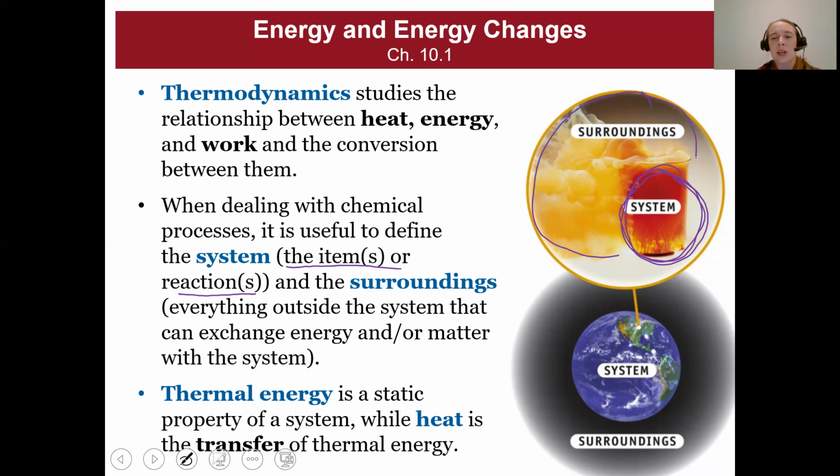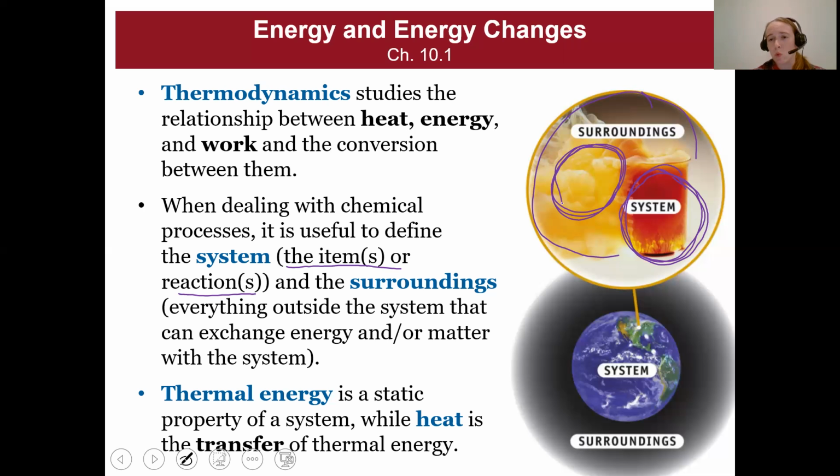So we are giving off both energy, most likely, and matter in the form of these gaseous molecules that are getting out. We're giving off energy and matter to the surroundings in this case.